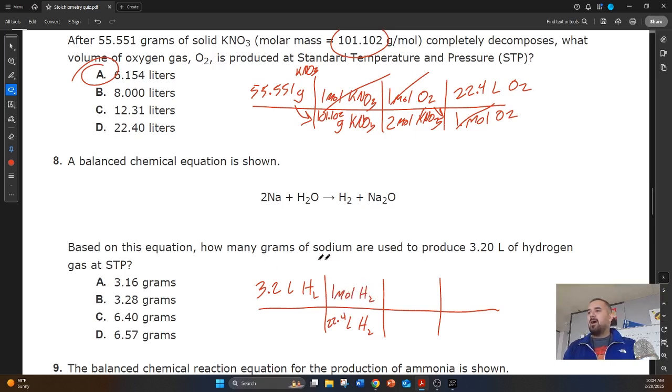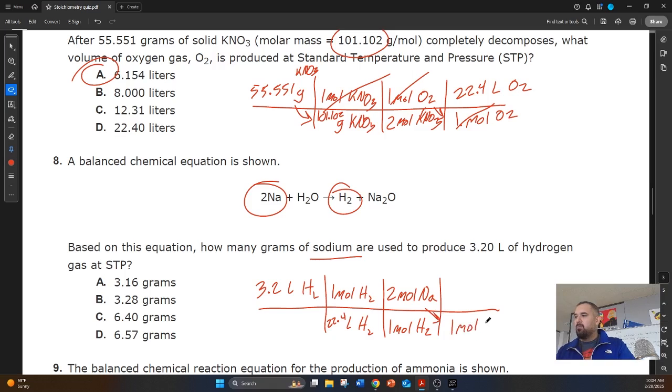Now, they're trying to figure out how many grams of sodium we're going to need. So our ratio is going to be hydrogen gas to sodium. At the bottom, we're going to put 1 mole of H2. It's produced from every 2 moles of Na. Now, this is the part where they were trying to confuse you in this question. So down here, we're going to put 1 mole of Na, and we need the molar mass of 1 mole of Na, not 2.